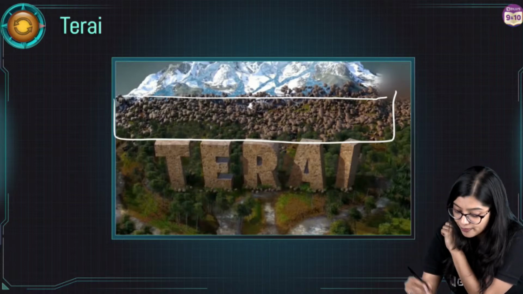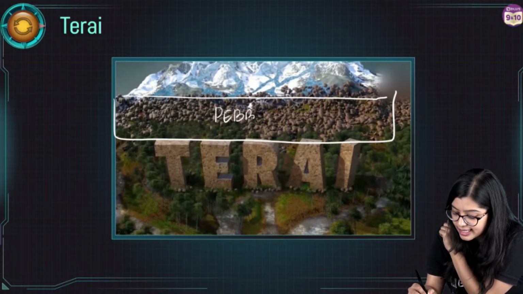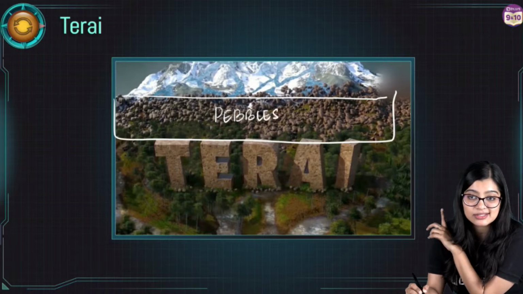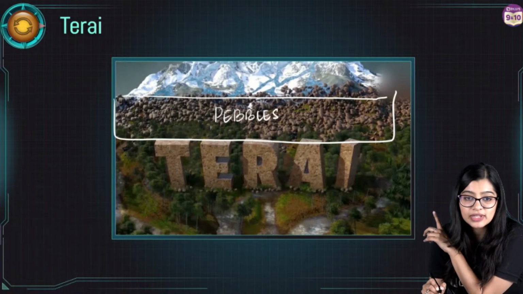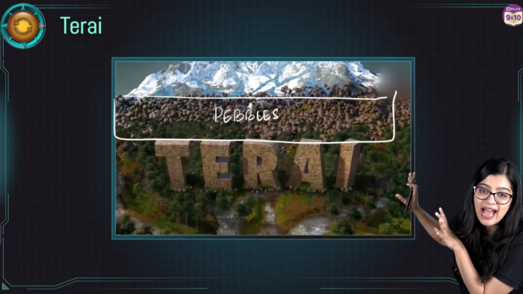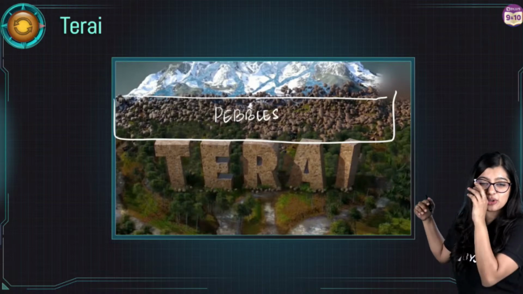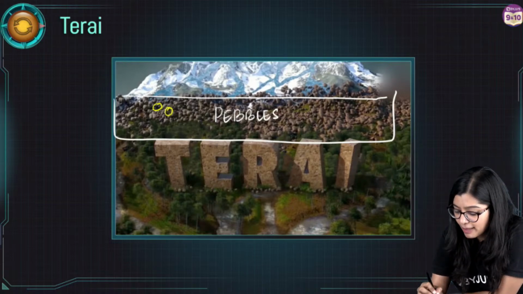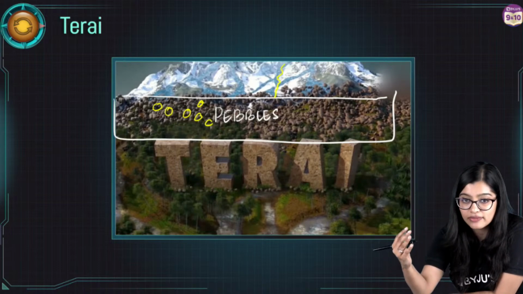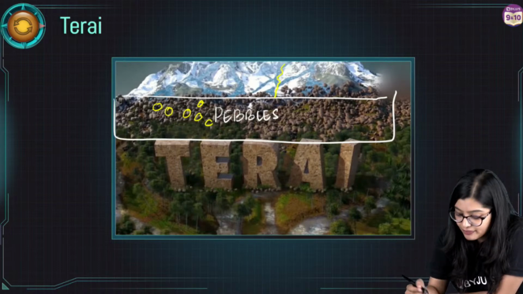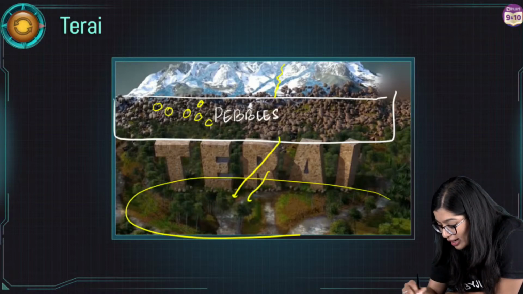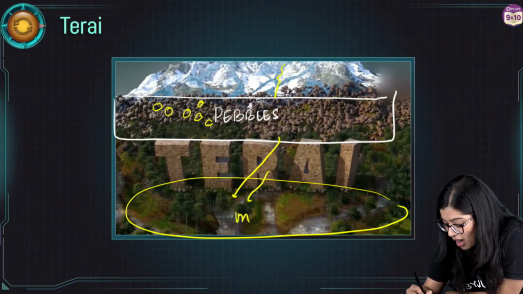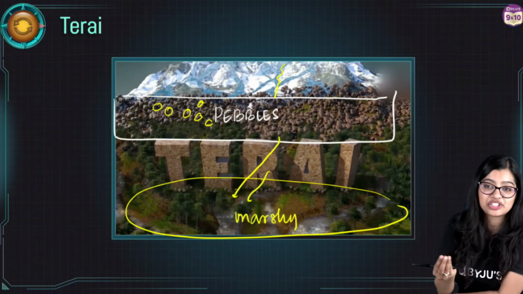You have these big pebbles, and the water coming from here, bringing all of this, eventually disappears. But when it crosses and comes to the next side, look at the image here. We see that it is a very muddy and marshy area.